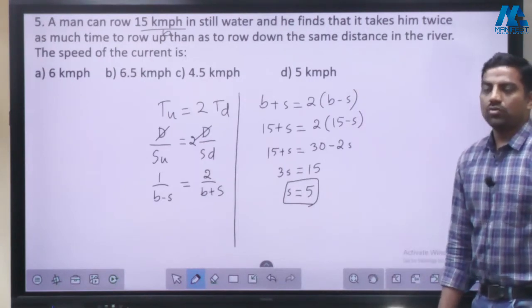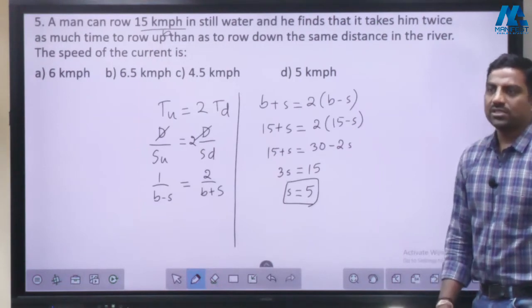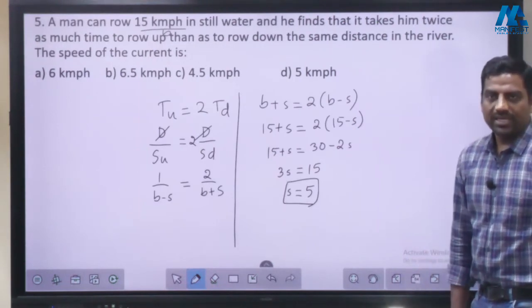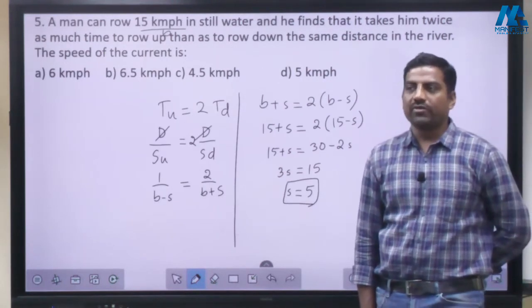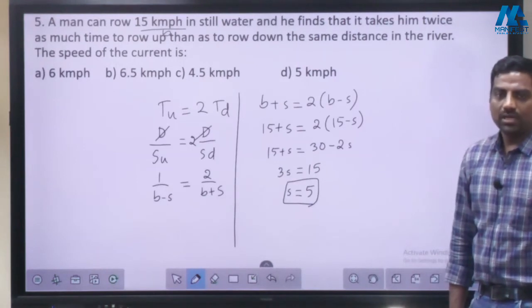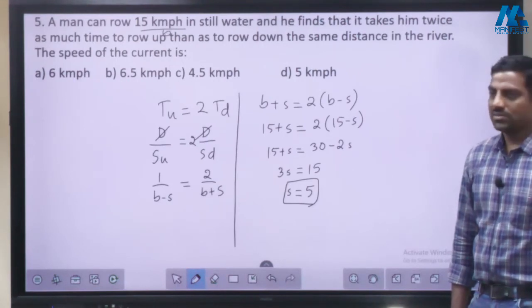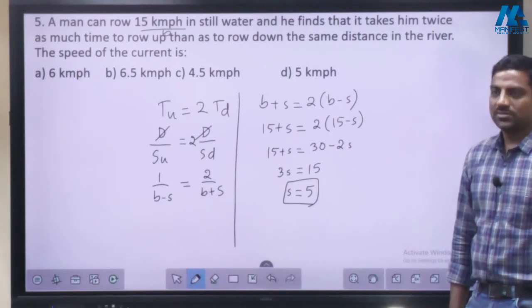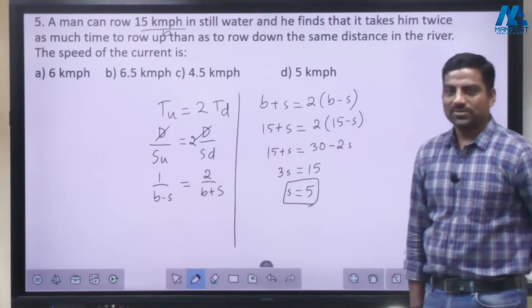See, you have to gather courage to write the equation. When you write the equation, half the problem is done. Either you will get two equations in two variables, or one equation in one variable. Problem is over. But that courage has to come, and that courage will come with confidence. For that confidence, practice. Who will do the practice?